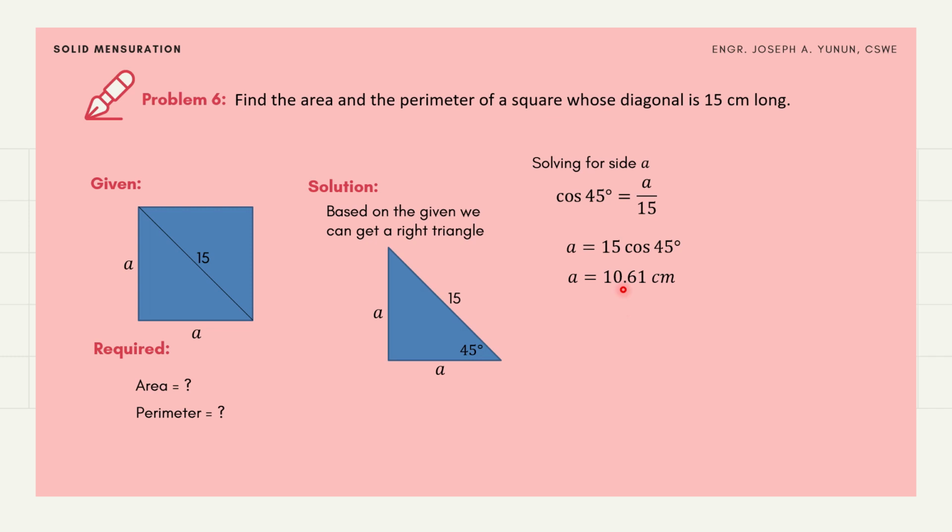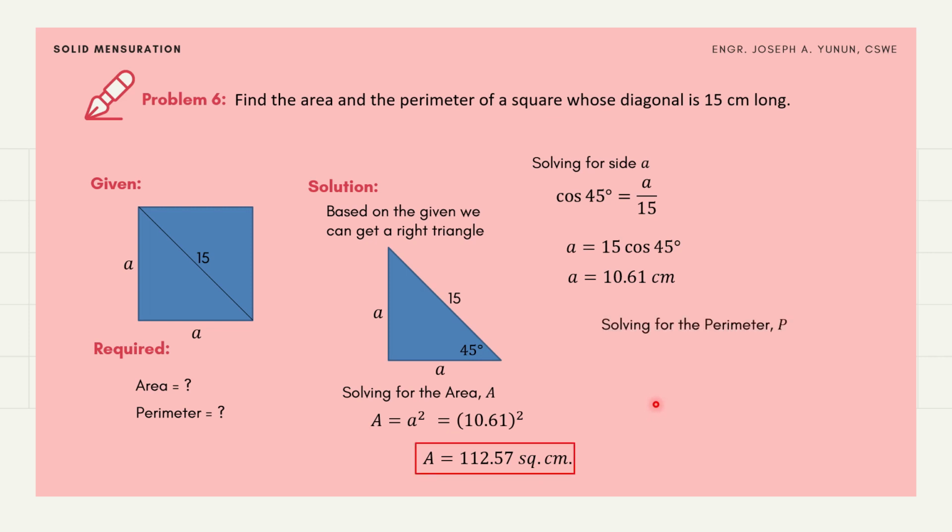10.61 centimeters. So all sides are now known. Now solving for the area: area is a squared. If this is the base and this is the height, b multiplied by h gives a times a, so a squared. Substituting the value 10.61, you'll get an answer of 112.57 square centimeters.